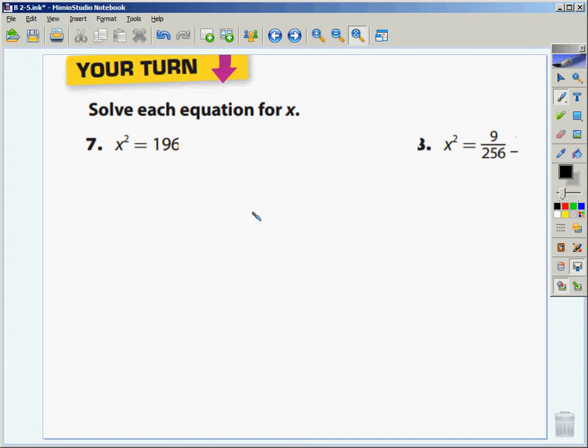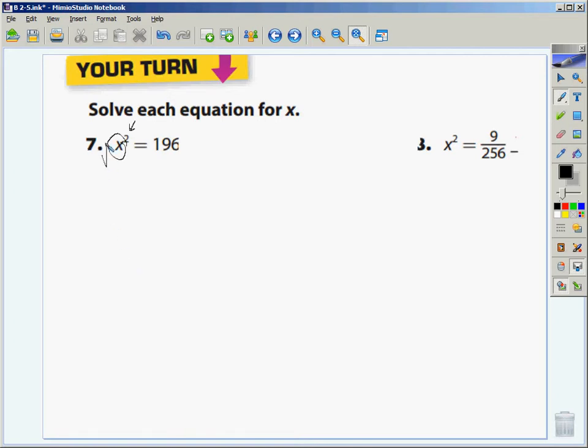If you flip to your turn, and the reason I talked about what's the opposite of squaring something, if I want to get this variable by itself, what's happening to the variable? It's being squared. What is the opposite of squaring it?